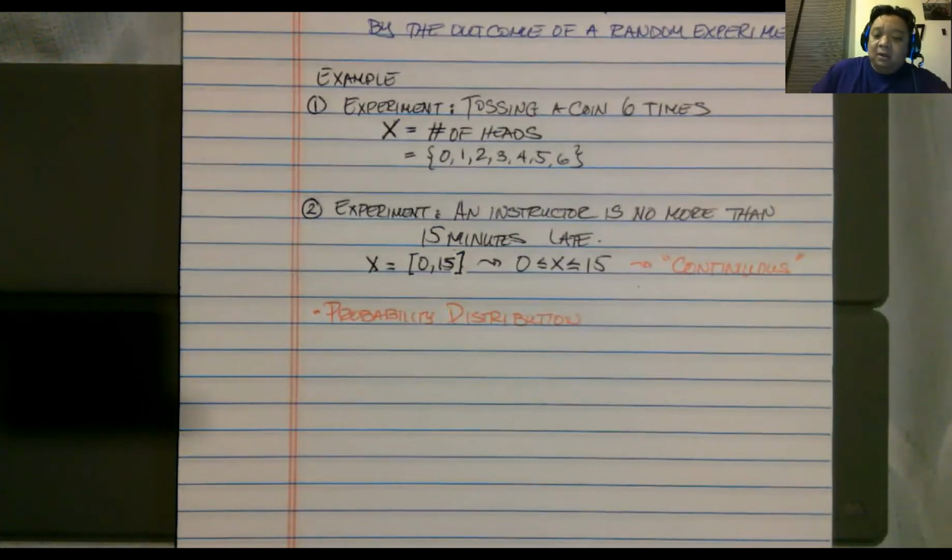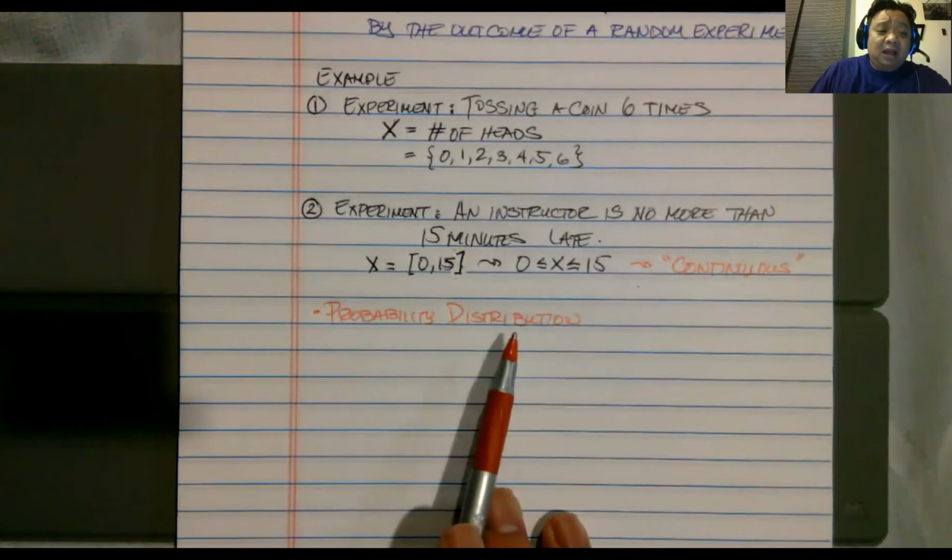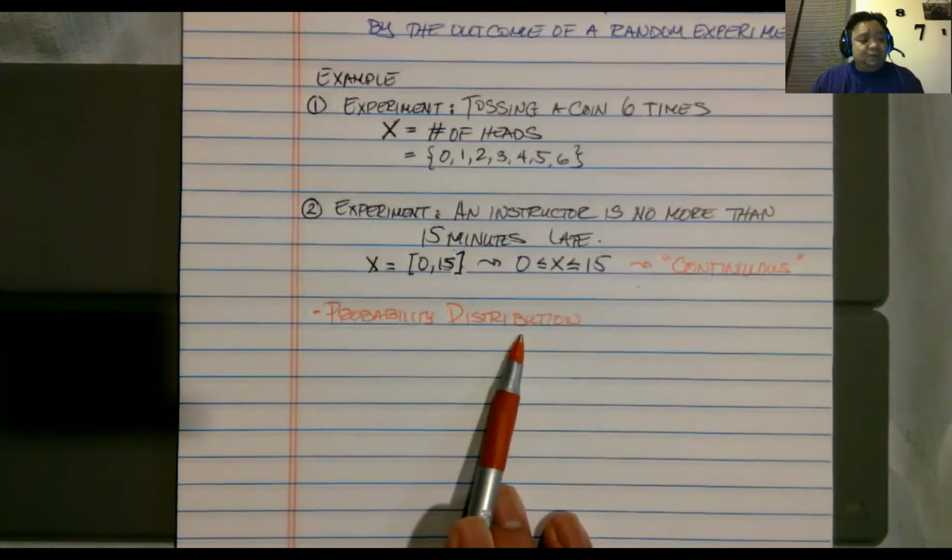We talked about distributions before. What does it mean to have a distribution? Table, right? That's what it means.